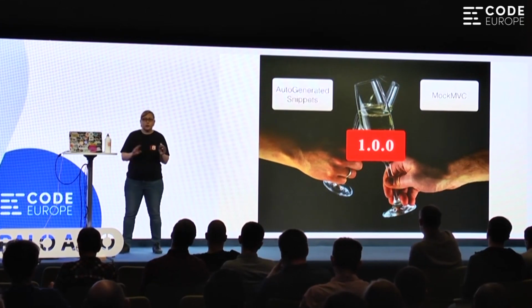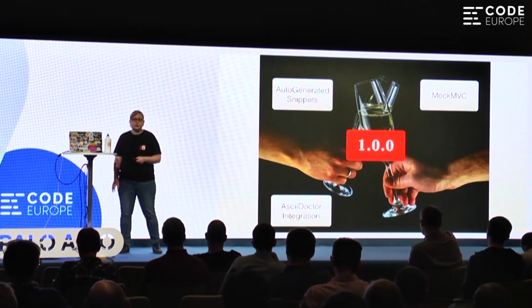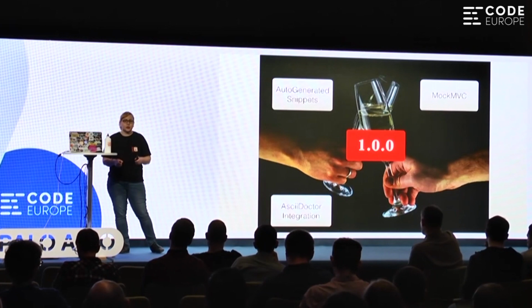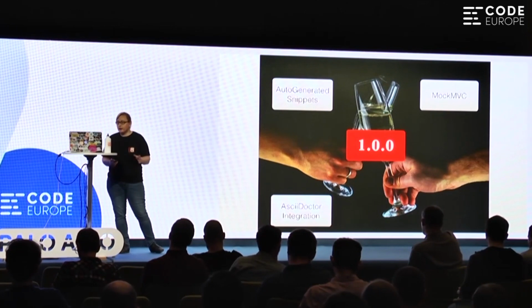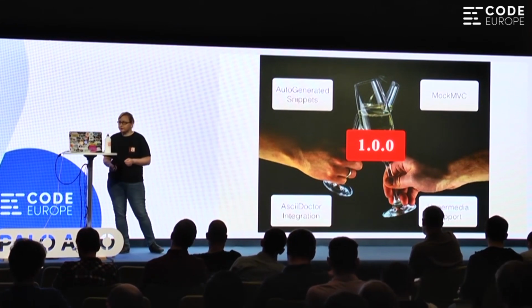Then we got auto-generated snippets from the beginning. There's also some AsciiDoctor integration, which was very important to get this into a way that we could generate our documentation along with the build pipeline and program it that way. It was also very important from the beginning to have hypermedia support.